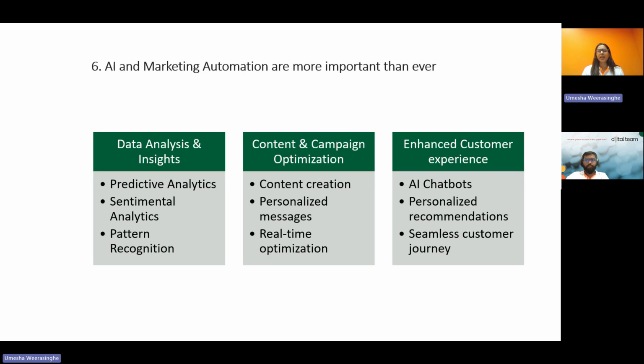Then enhancing customer experience: you can use AI to improve customer experiences using AI chatbots, personalized recommendations, and understand how the customer journey is and make it smoother for them. Have a seamless customer journey with the help of AI.